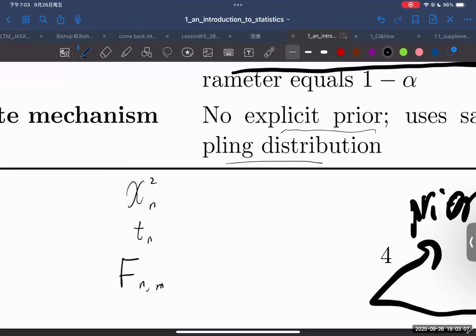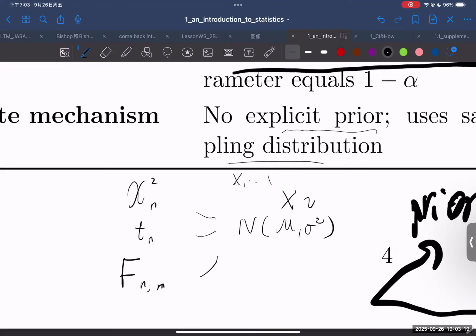And for these three sampling distributions, you can use a normal distribution. For example, if we have X1 to Xm, from such X1 to Xm you can derive the chi-square distribution, and also you may derive the t_n and F_nm.